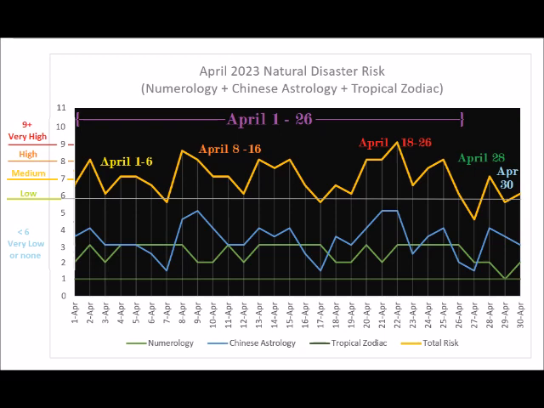But if you guys are wondering what does all this mean, well, in general, I can tell you there's a really long risk period that covers the majority of April, all of the first half of April, and then most of the second half into the 26th.